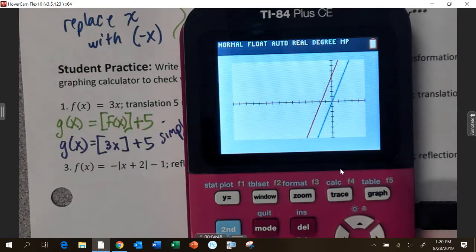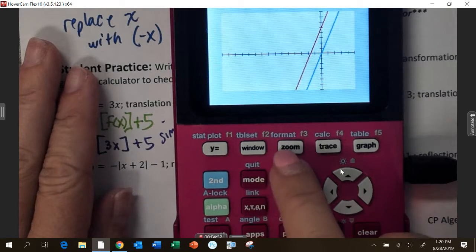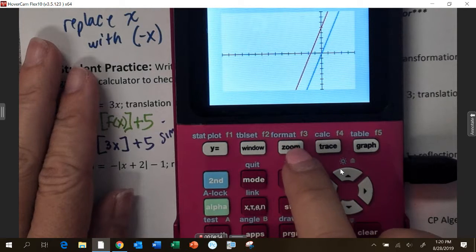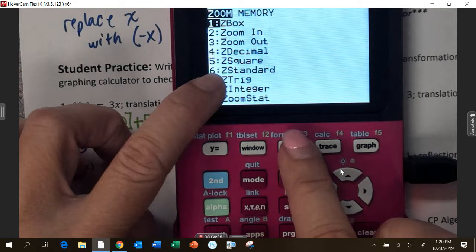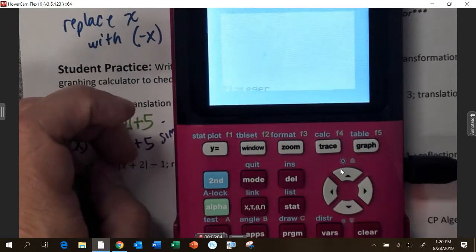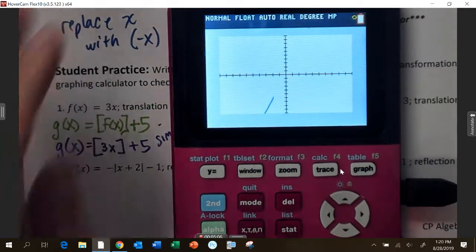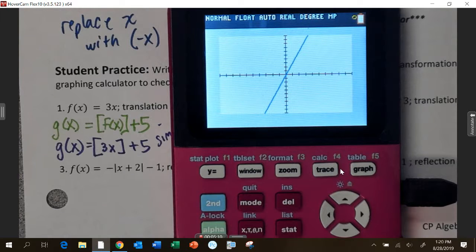Even if yours already looks centered, it won't hurt it by doing it again. You hit the zoom button, and then you choose standard, which you do not have to arrow down. You can just hit 6. And then it fixes the window and makes it look nice.